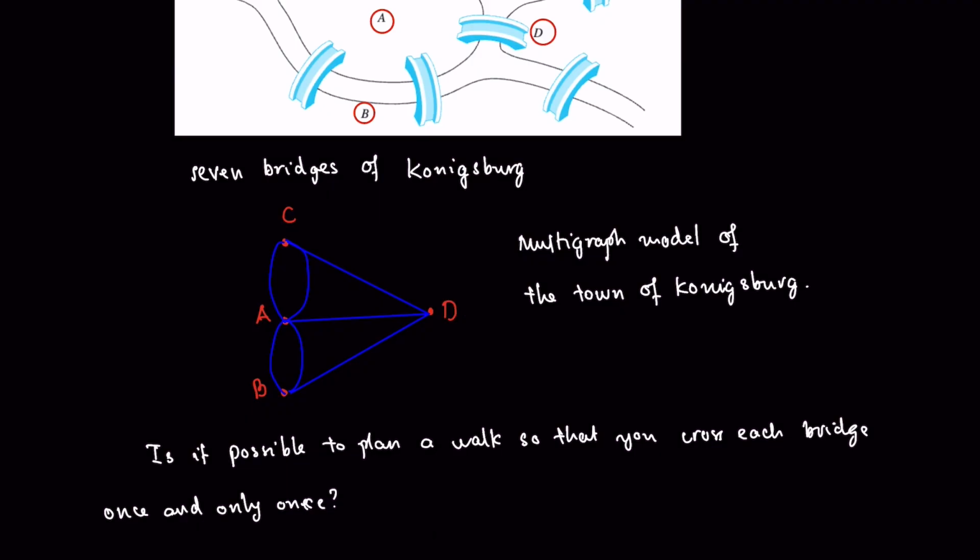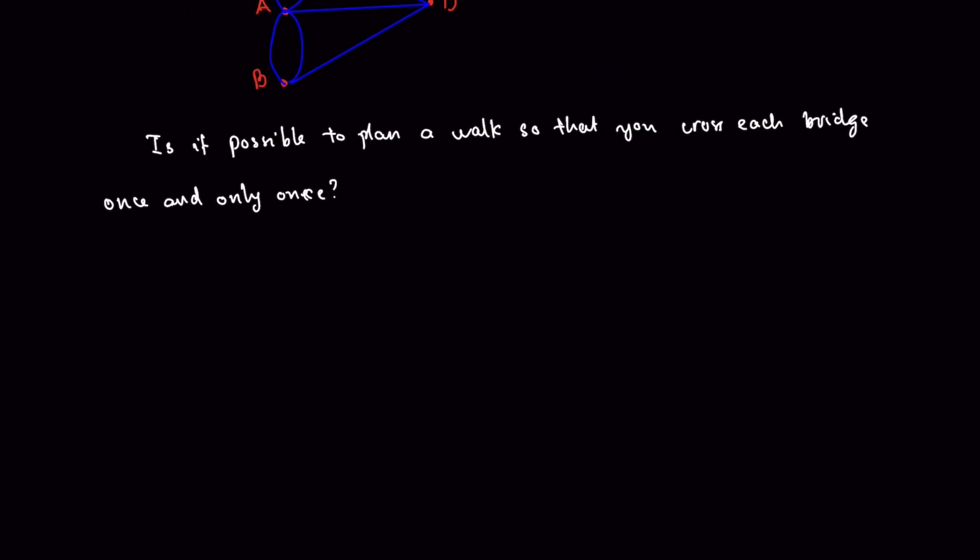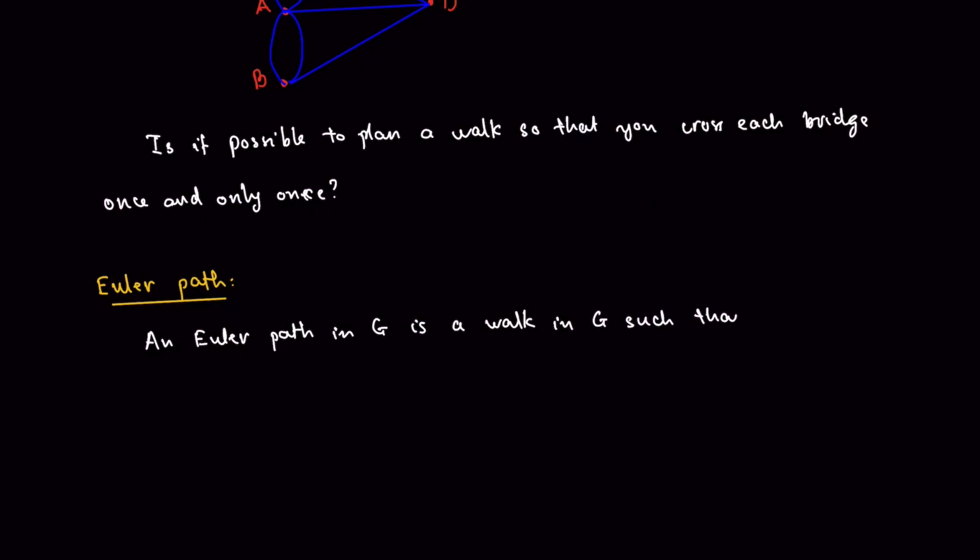All right, the first definition is the Euler path. An Euler path in a graph G is a walk in G such that every edge is used exactly once.